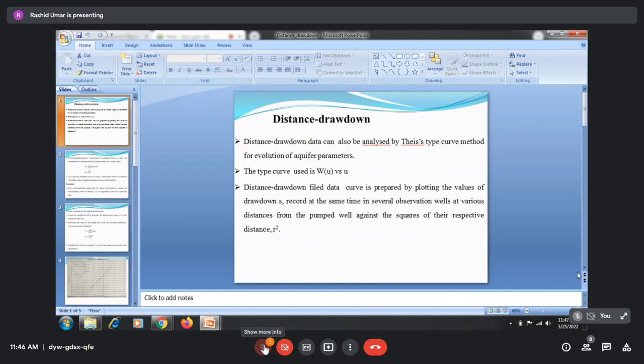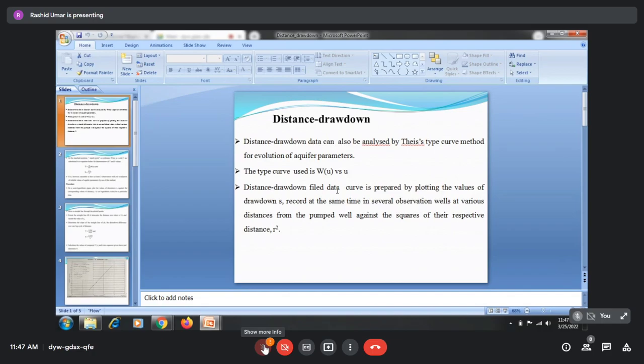Okay. So this distance drawdown data can be analyzed by the Theis type curve method for evaluation of aquifer parameters. The type curve used is W(u) versus 1/u, that is what we have used in time drawdown data.